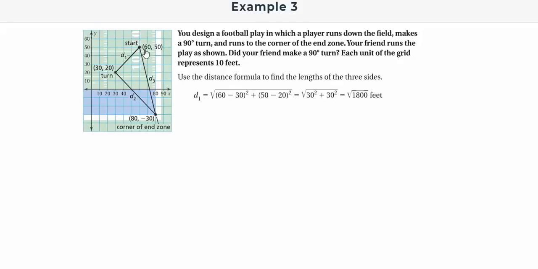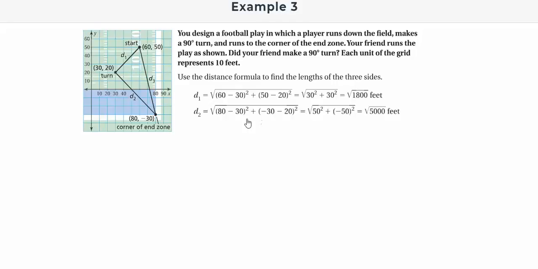So it made 60 x2, and then 30 x1, and then 50 y2 and 20 y1. So it set them into D1 like so. And then it simply subtracted 30 from 60 and squared it, and did the same for 50 minus 20. They subtracted, then squared. So once you get to this point, 30 squared plus 30 squared, you get the square root of 1800. And distance 1 comes out to be the square root of 1800 feet.